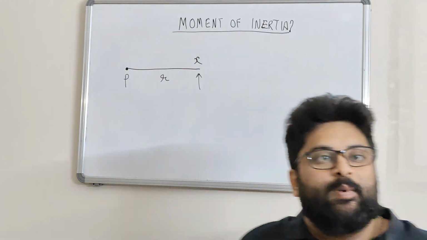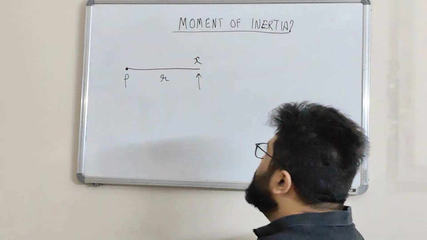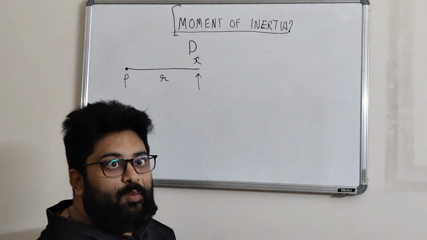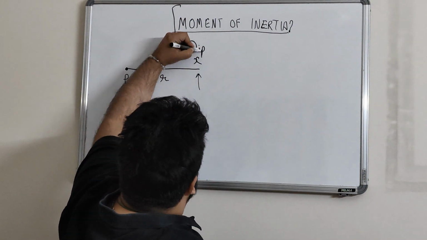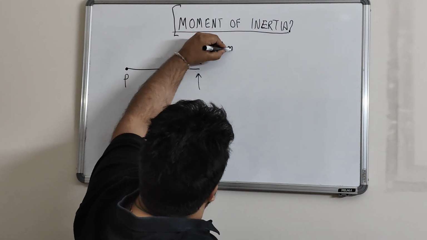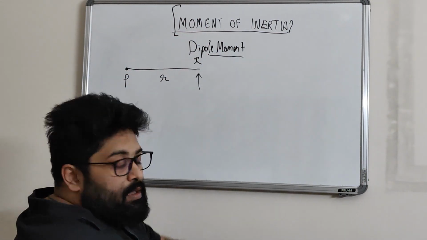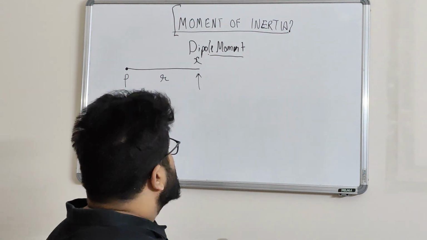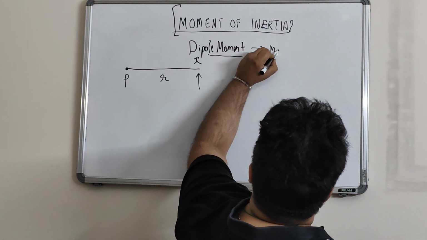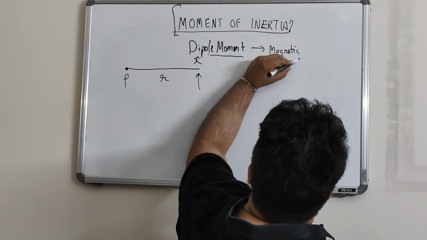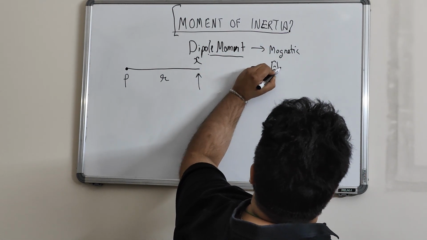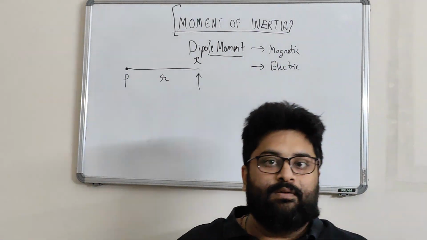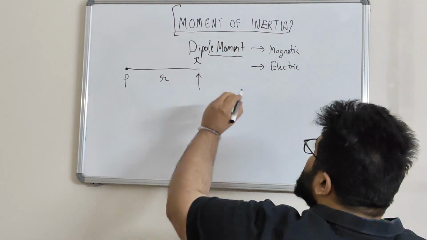Now, we have different kinds of moment in physics. Primarily, this being the moment of inertia, we have dipole moment, which can be a magnetic dipole moment or an electrostatic dipole moment, and then we have torque.